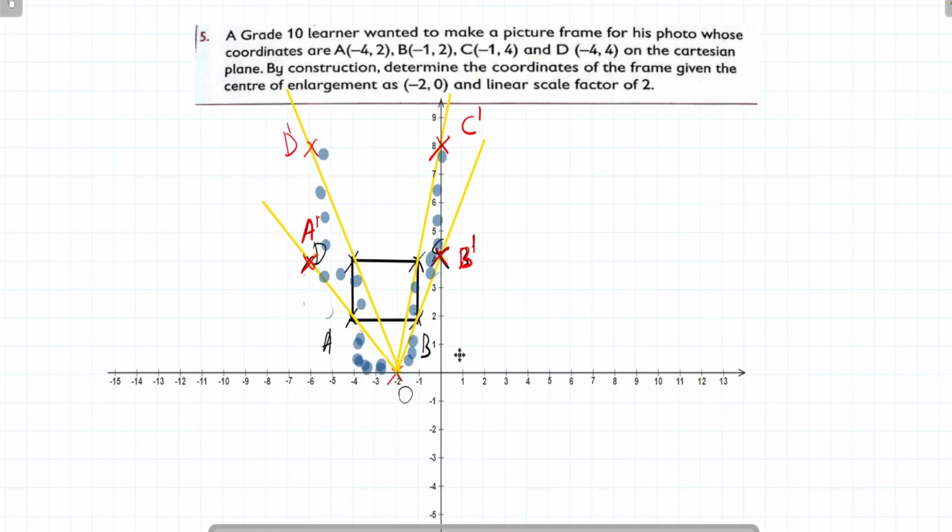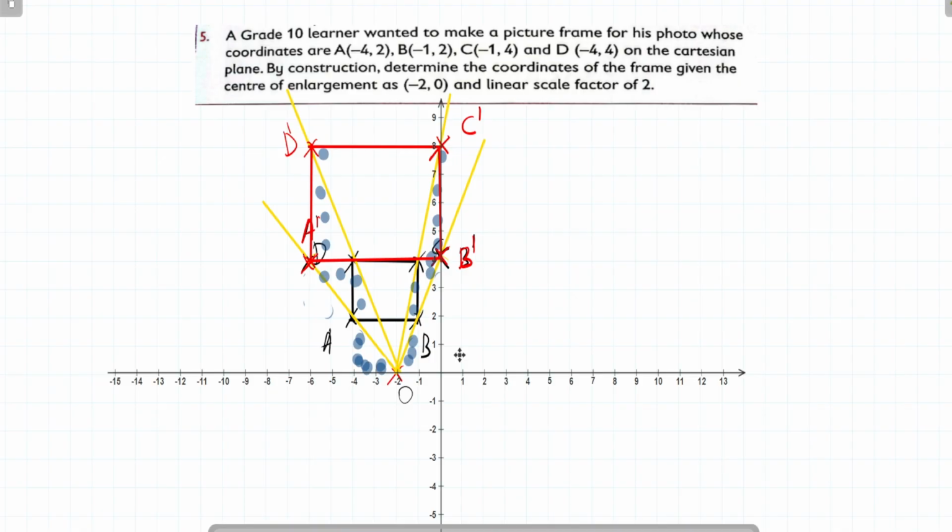So that is how we constructed it. You will see many dots so that it is easy to differentiate. Now we connect it. So connect this A prime to B prime, then B prime to C prime, and then C prime to D prime, and then this one.